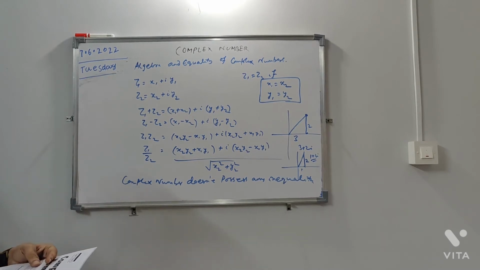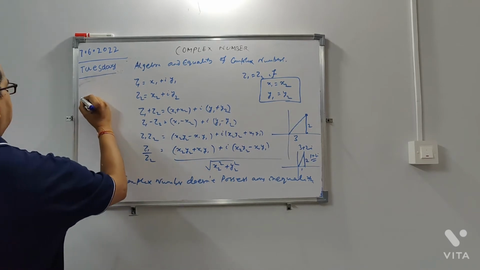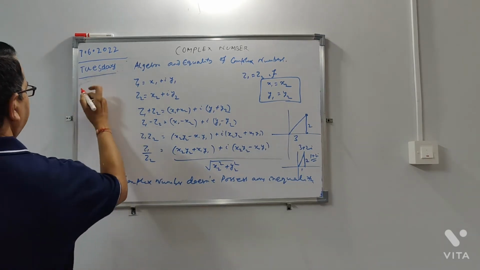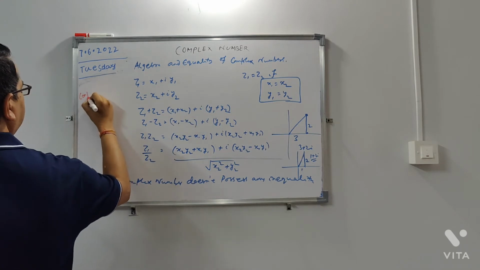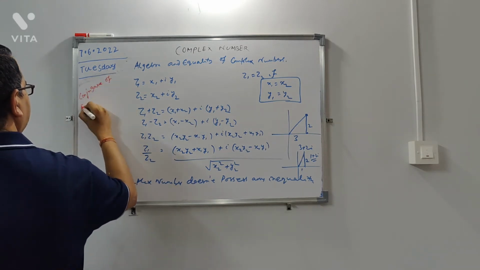Understood. Okay, then there is something called the conjugate of a complex number and the modulus of a complex number.